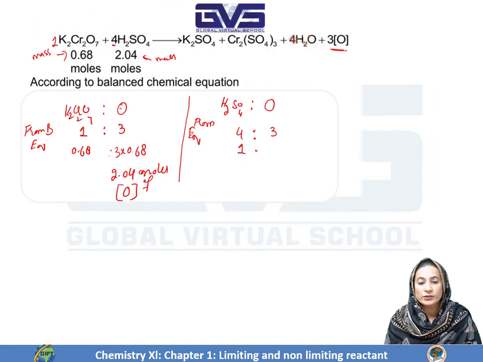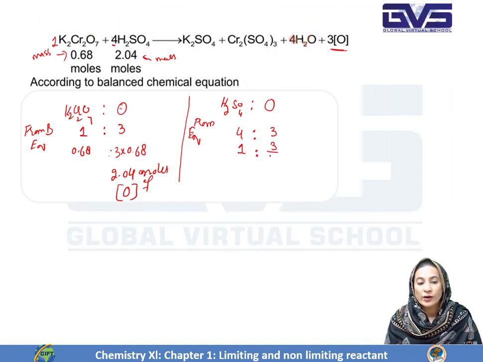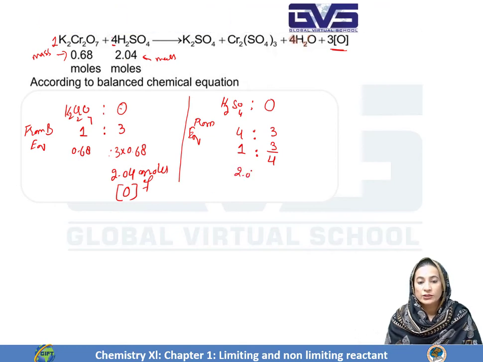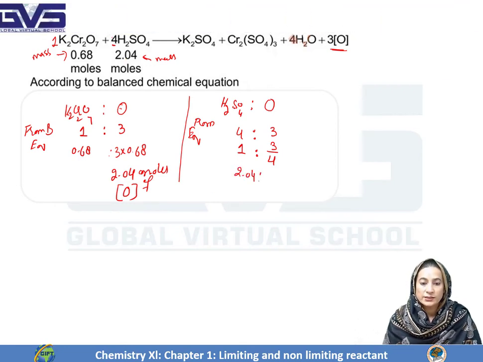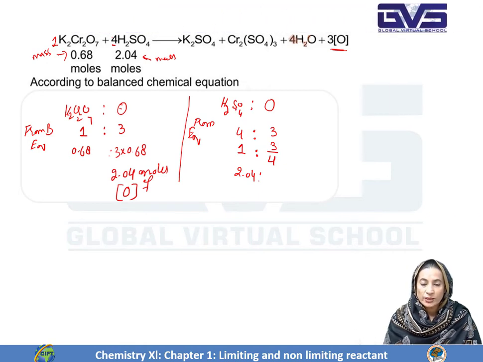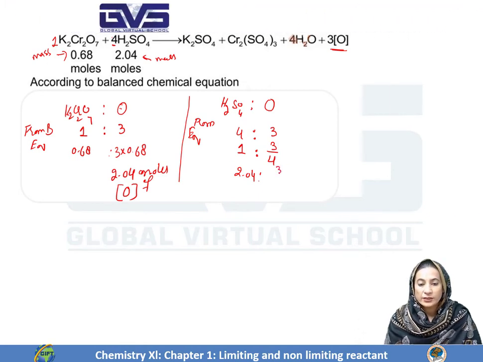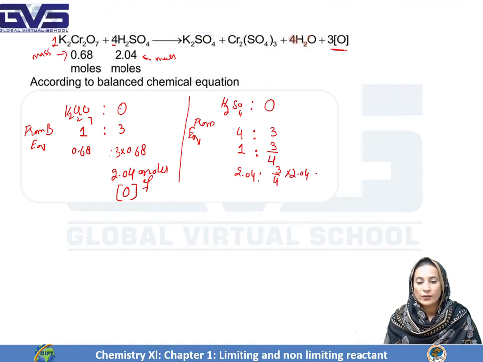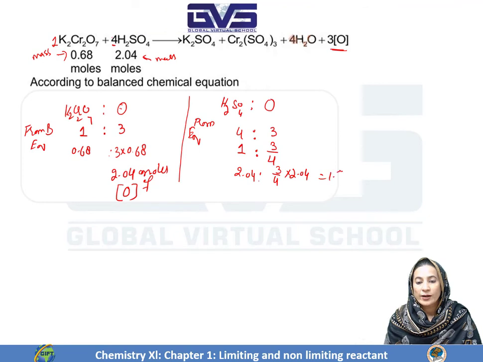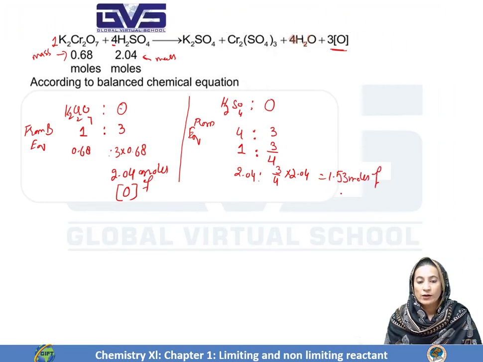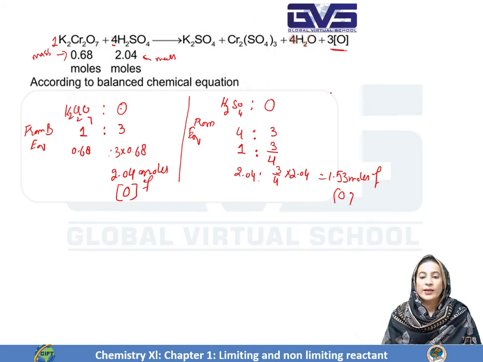When 1 mole is, then it will be 3/4, and 2.04 of sulfuric acid. This comes from where? These are all values from H2SO4. Then it will be 3 by 4 into 2.04, and our answer is 1.53 moles of oxygen.